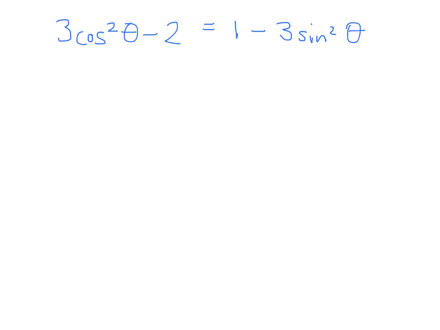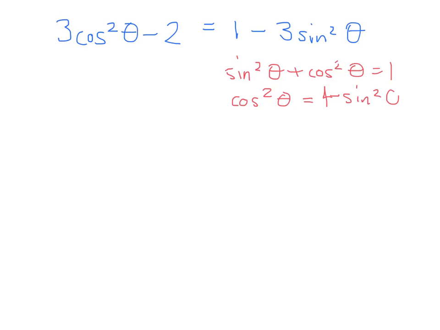And it's a little tricky, but this is just dealing with sine squareds and cosine squareds, which hints that we should be using our basic Pythagorean identity sine squared theta plus cos squared theta equals 1. Or rather, the modification that cos squared theta is going to be 1 minus sine squared theta.